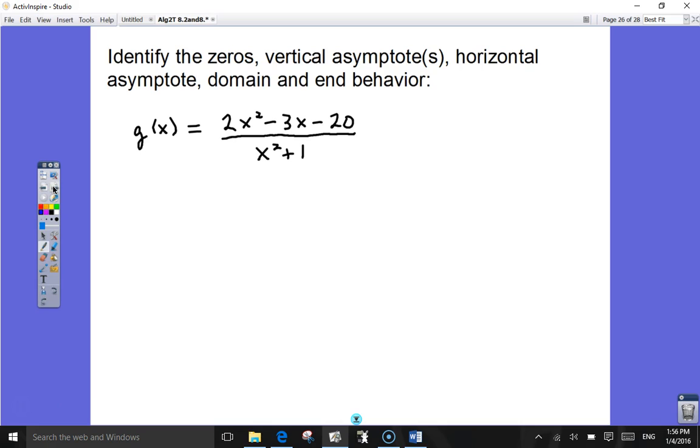What are the steps? Right. 2 times negative 20 is negative 40. What are the factors of negative 40 that add up to negative 3? Negative 8, positive 5, right?